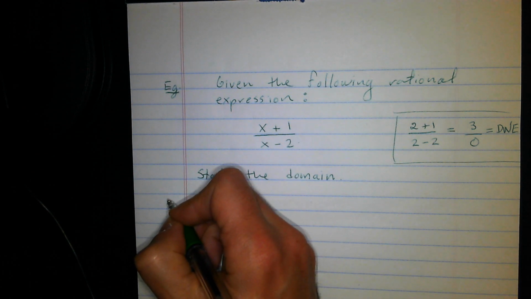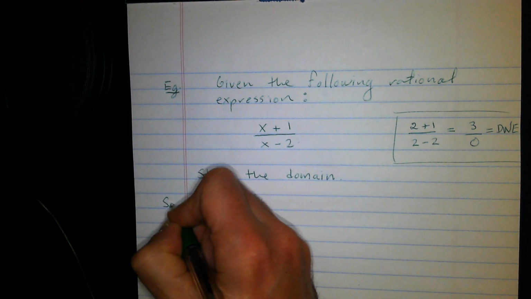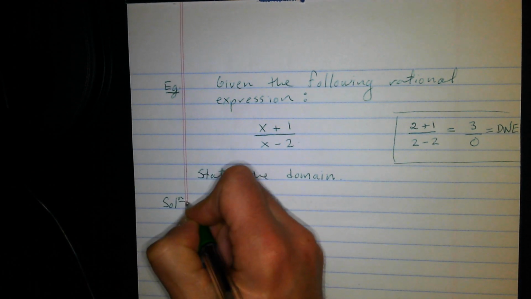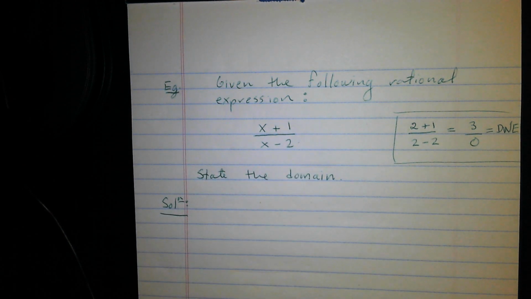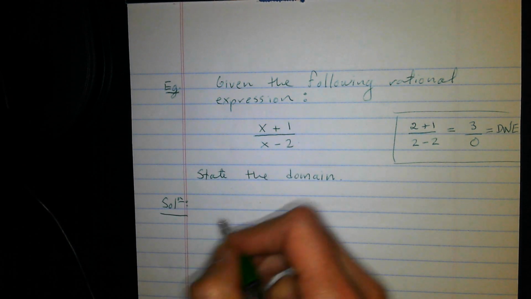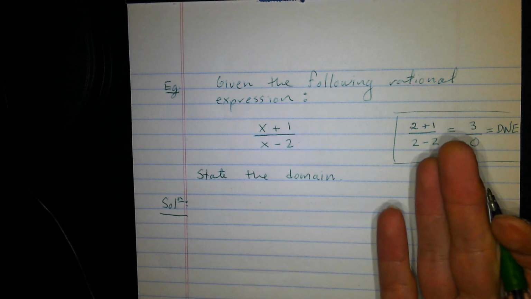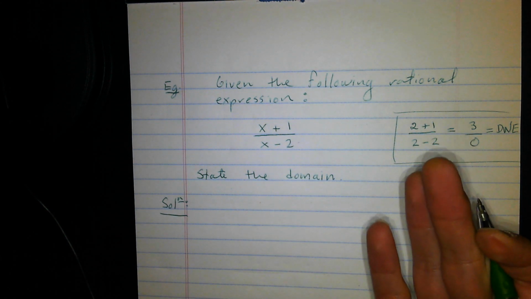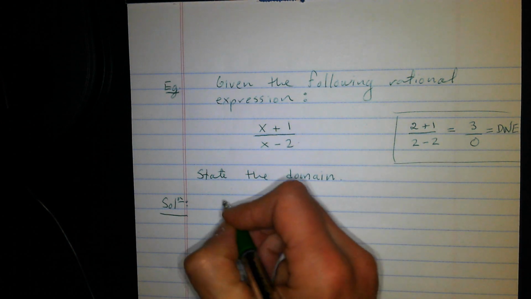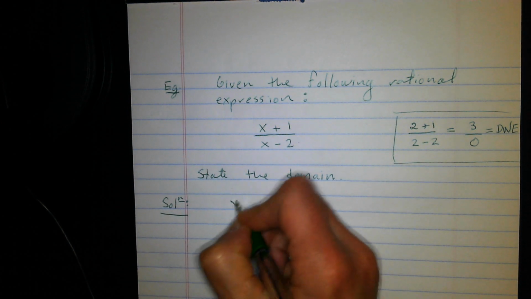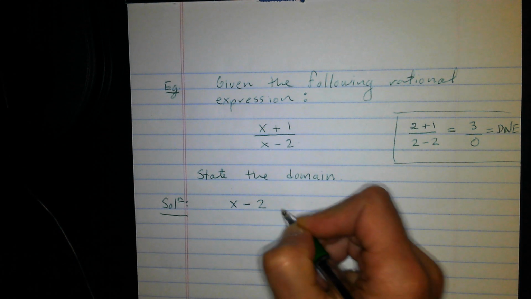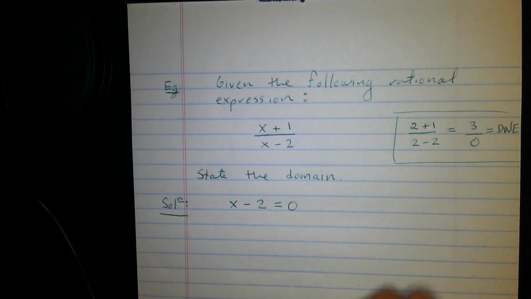Okay, so at this point we're going to want to say this. This is my shorthand for solution, SOLN. Well, what we can do here is just set the denominator equal to 0 and solve for x. We get x minus 2 equals 0.